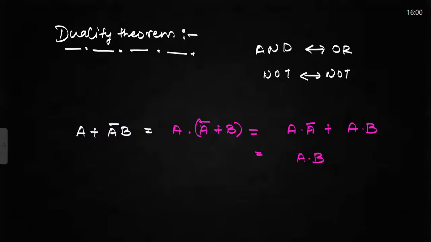And let us also find duality for the remaining gates. If I am having a NAND operation, I can replace it with NOR, and NOR with NAND. So NAND is the dual of NOR and NOR is the dual of NAND.